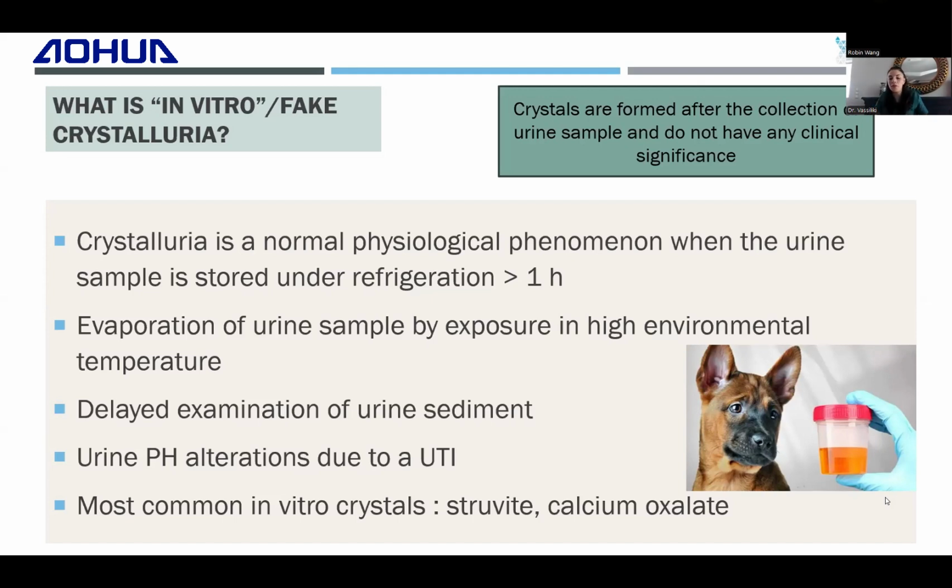The most common in vitro crystals that we encounter are struvite and calcium oxalate crystals, with struvite, I think, passing the calcium oxalate crystals. This is my experience. Please write in the chat box your experience as well.